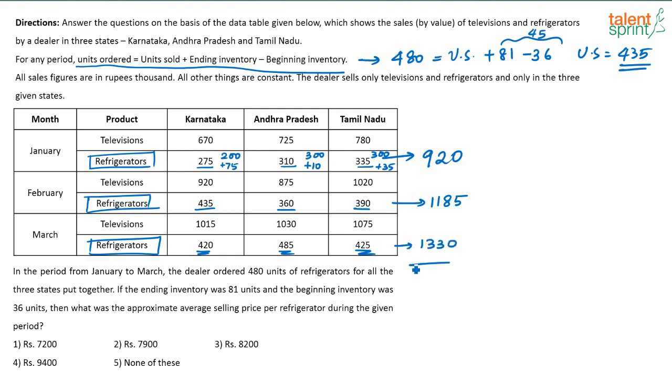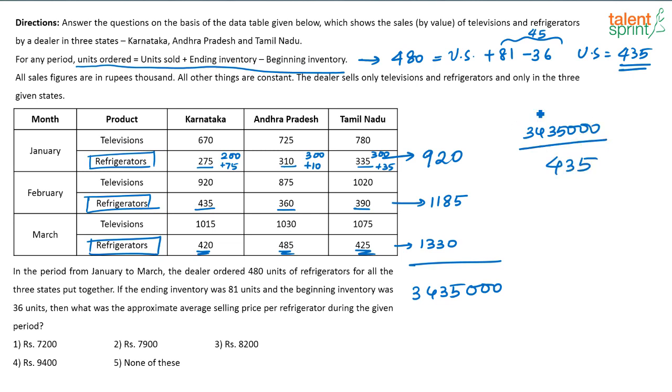So what is the total sales of the refrigerator? Add these three: 920 plus 1185 plus 1330. How much will that be? That will be 3435, followed by 3 zeros. It is given in terms of thousands. So what is the answer that you are looking for? It is 3435 divided by 435.